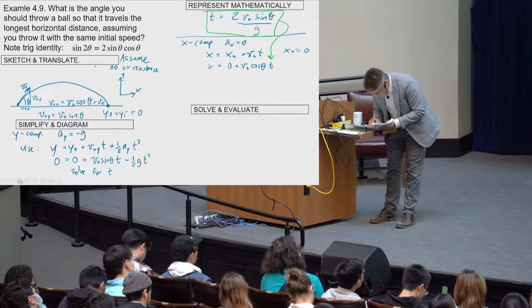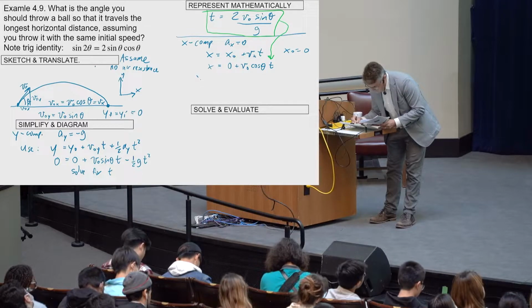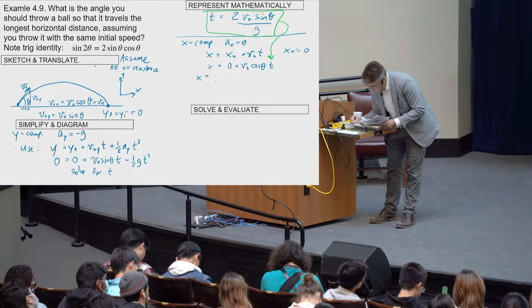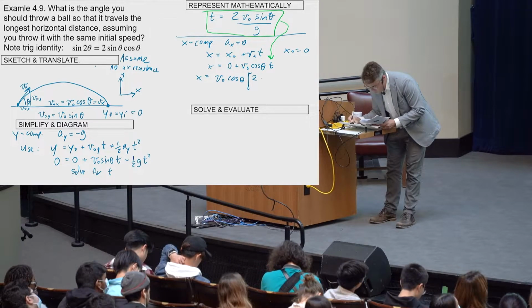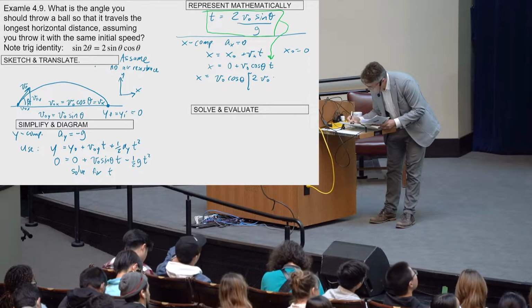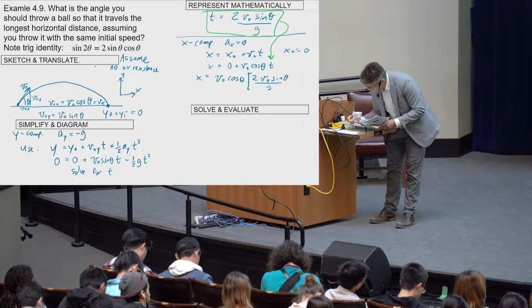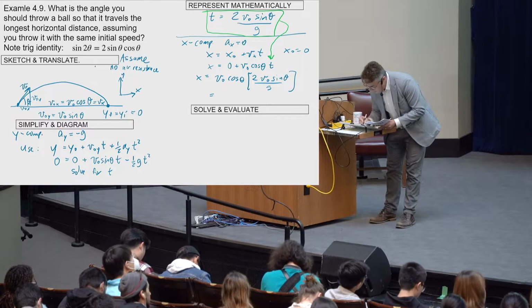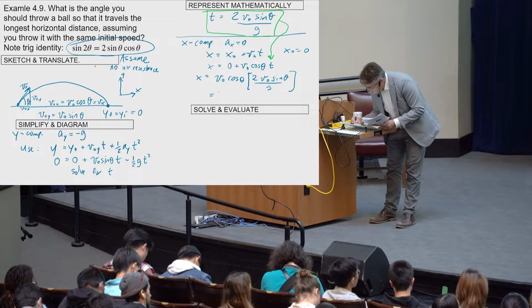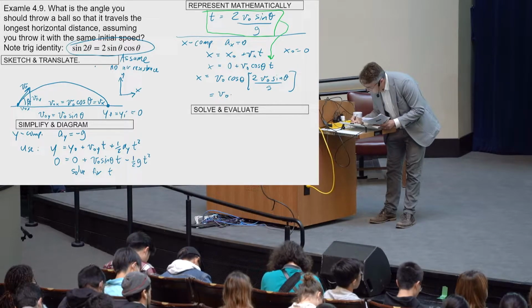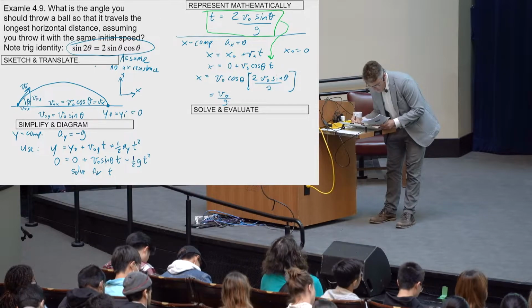And then you get x equals v0 cos theta times 2 times v0 sine theta divided by g. And now I'm going to use this thingy over here, try to arrange it. So I've got v0 divided by g, I think.